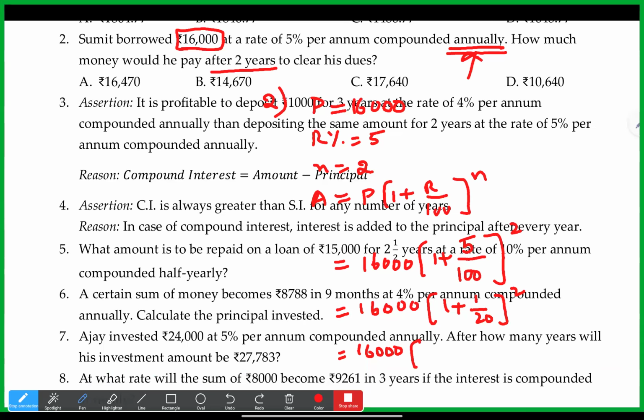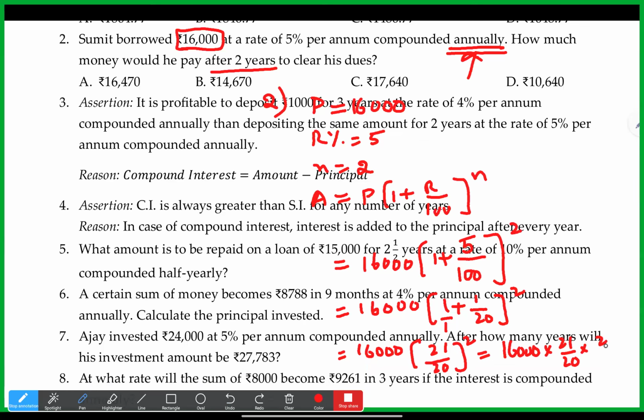After doing LCM, you'll get (20 plus 1) by 20, which is 21 by 20 whole square, equal to 16,000 into 21 by 20 into 21 by 20.